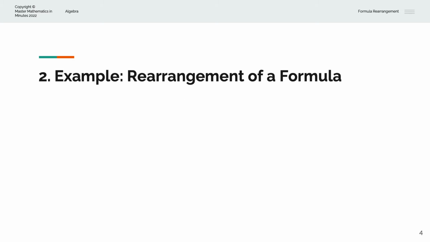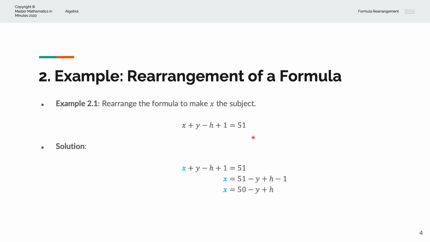In the first example, we're asked to rearrange the formula to make x the subject. So we're given the expression x plus y minus h plus 1 is equals to 51. So, to make x the subject, we'll need to move plus y, minus h, and plus 1 to the right-hand side.